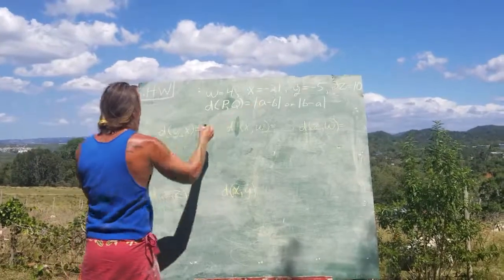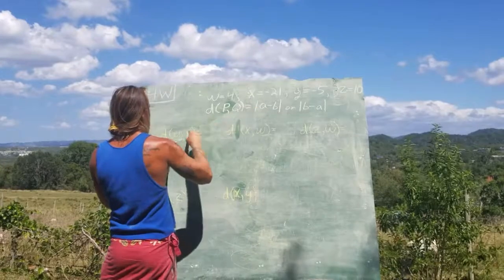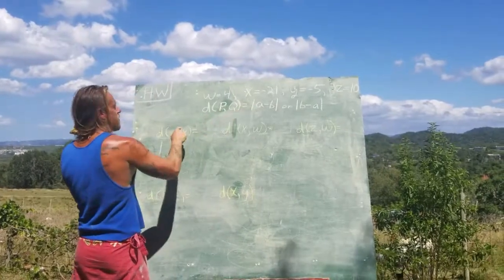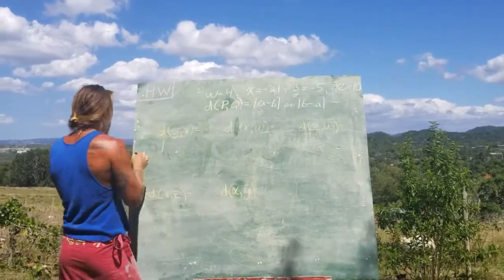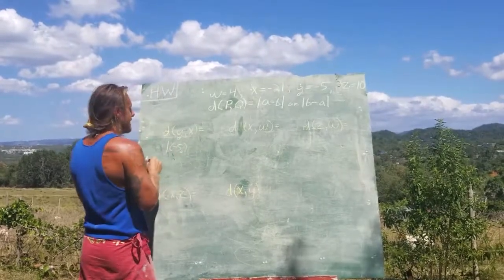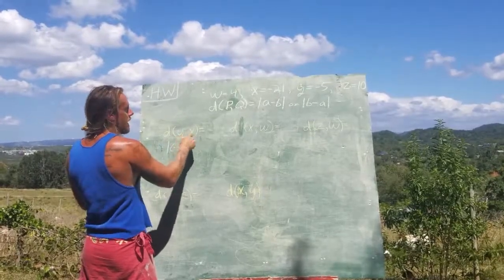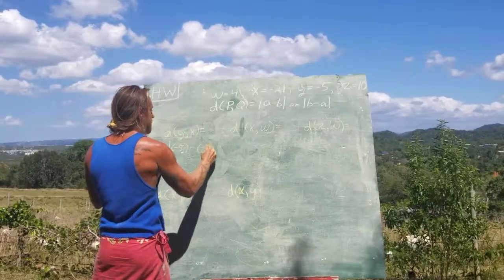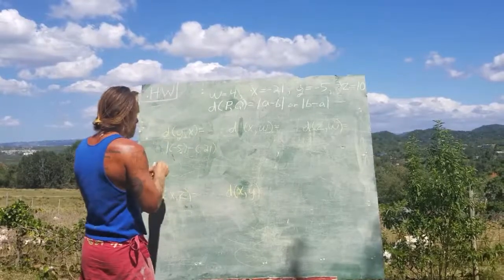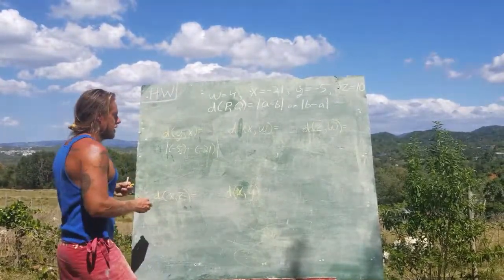So we have the absolute value of A, or in this case Y. Y is negative 5, minus B, or our X, which is negative 21. By this point in the assignment, we're evaluating these fairly quickly.